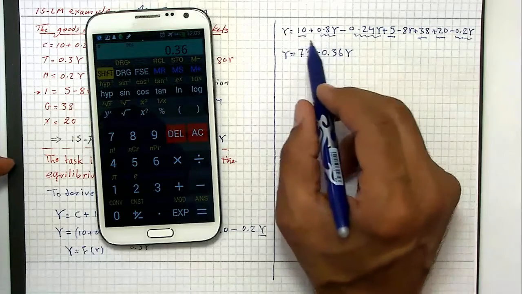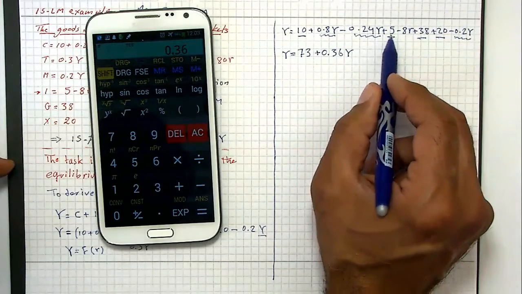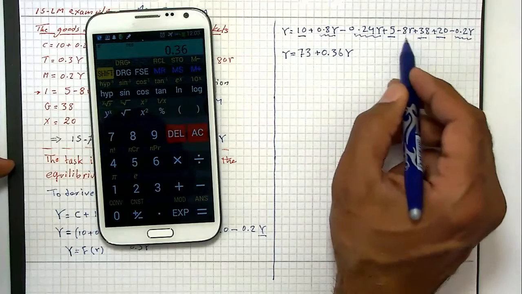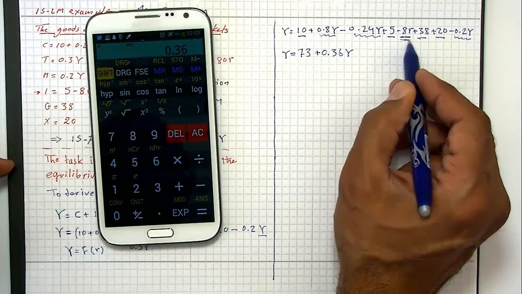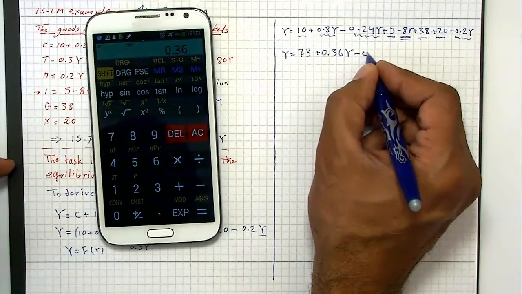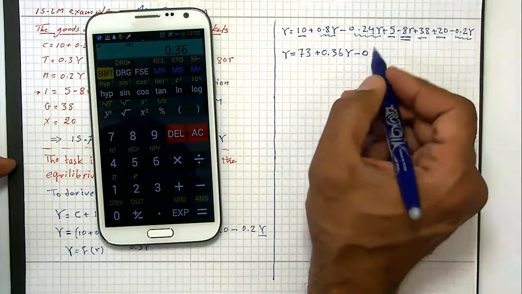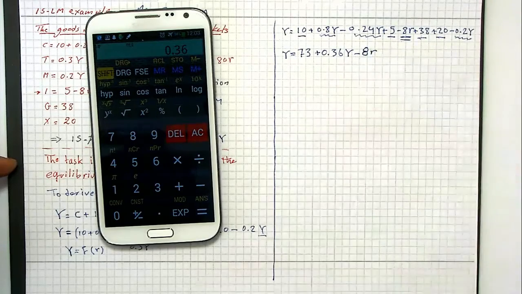So we have handled all these terms. What we have left is this one. We put just 8r here.